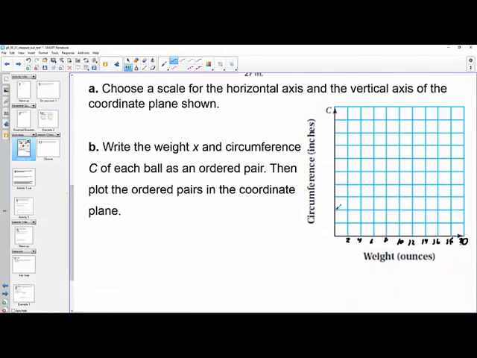And if I go 2, 4, 6, 8, 10, 12, 14, 16, we're not going to make it. So I probably want to go by 4s. So I'll do 4, 8, 12, 16, 20, 24, 28, and then 32. All right, so now I've got to plot these things out.